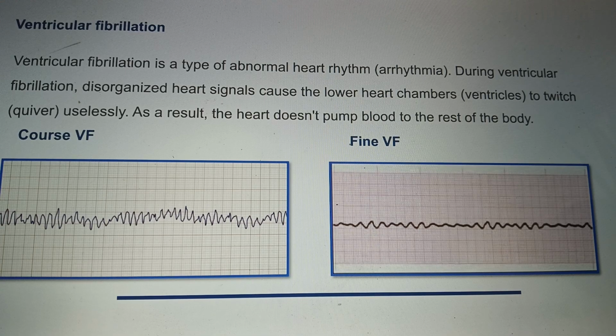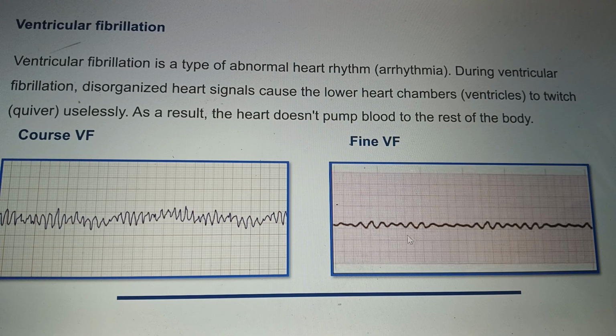It fibrillates like an electric current going inside. That is a disorganized rhythm. There is no P wave, there is no QRS complex. Abnormally, disorganized waves occur over here.